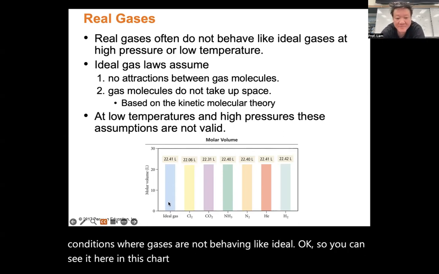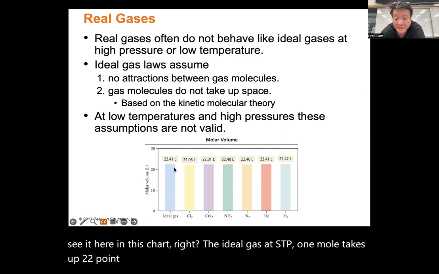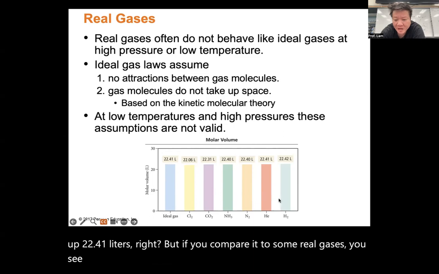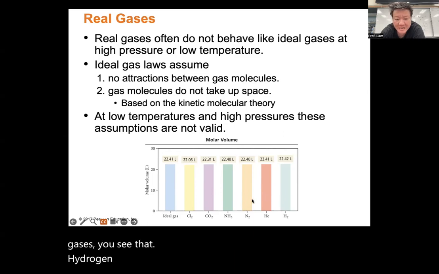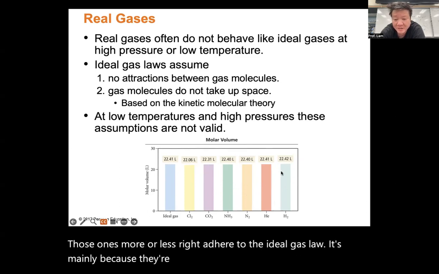The ideal gas at STP, 1 mole takes up 22.41 liters, right? But if you compare it to some real gases, you see that hydrogen, helium, nitrogen, and ammonia more or less adhere to the ideal gas law. It's mainly because they're lighter, right? Look at hydrogen and helium.